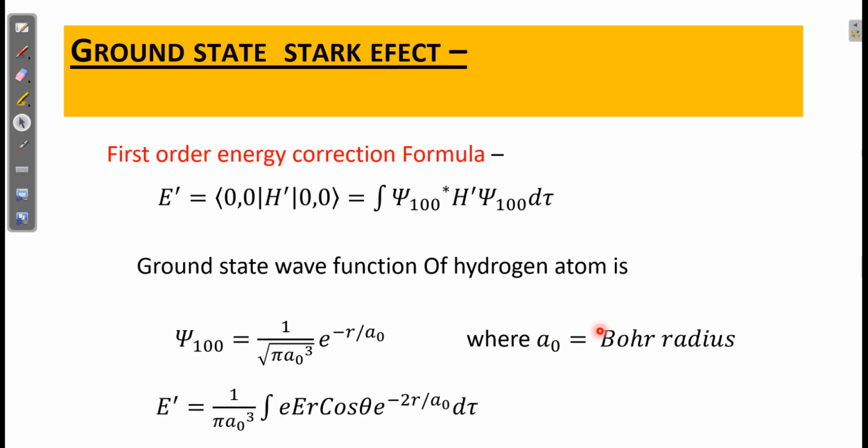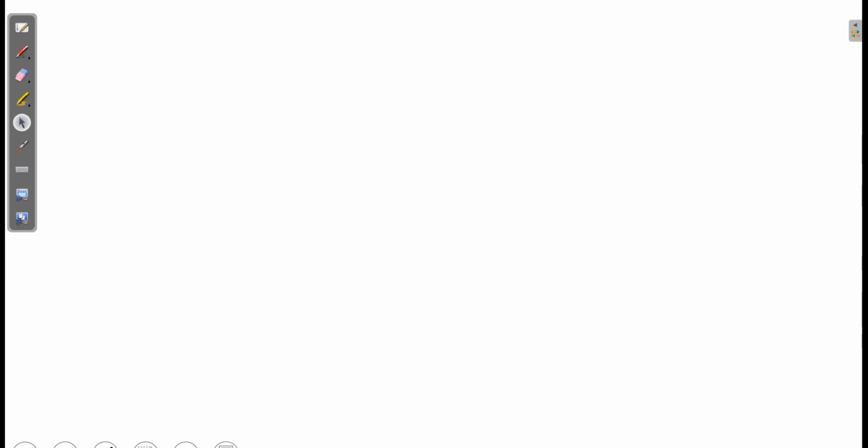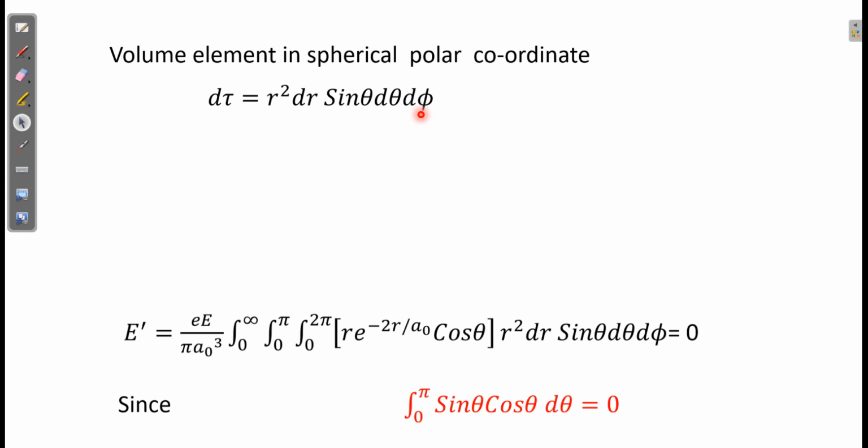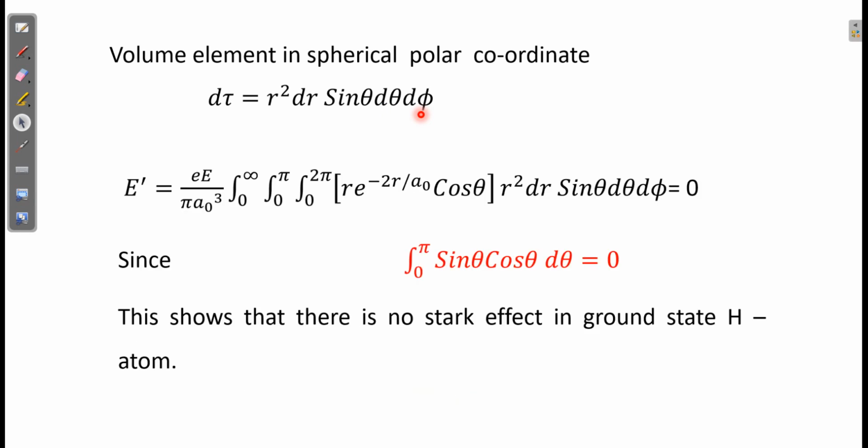Now putting in this equation, you will get this. The volume element in spherical polar coordinates is d tau is equal to r squared dr sin theta d theta d phi. So E dash is equal to eE upon pi a naught cubed. After substituting the values, this value will come.